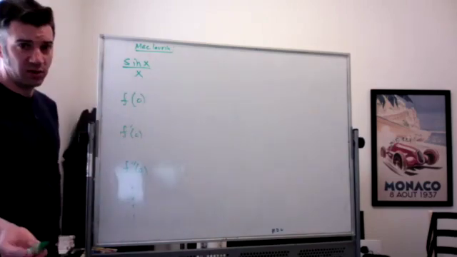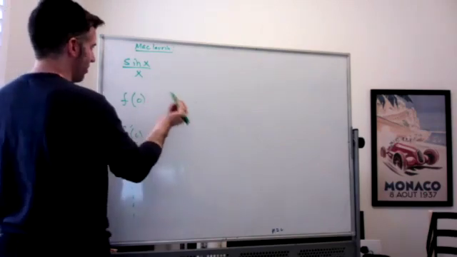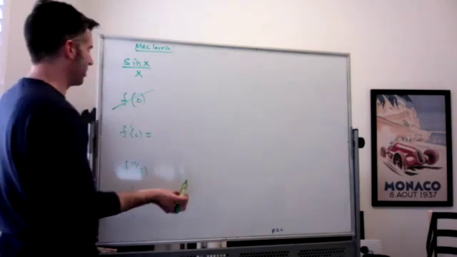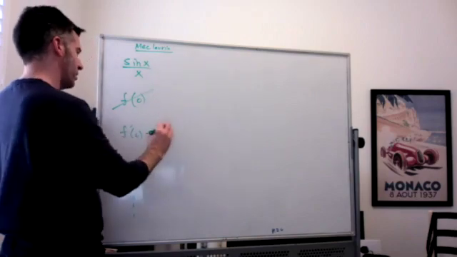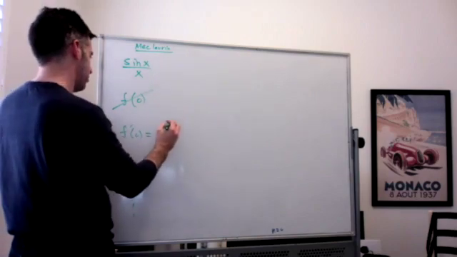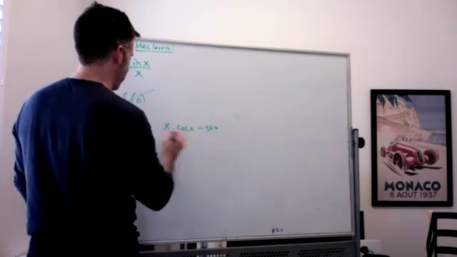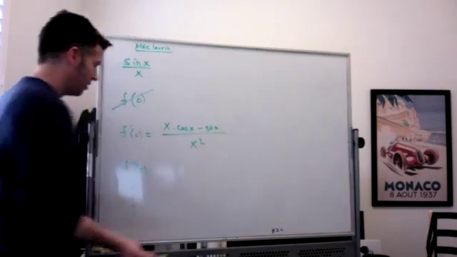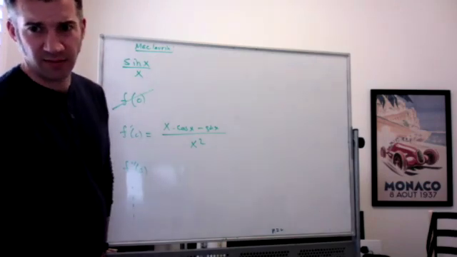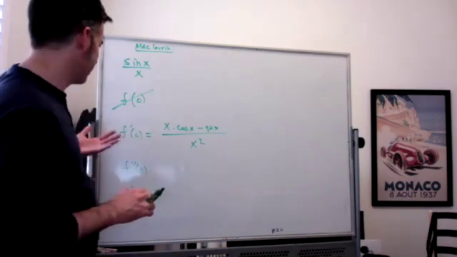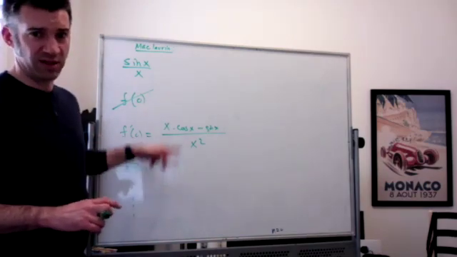Here I'm going to have to use the quotient rule, right? f of 0, okay, f of 0 doesn't exist. f prime of 0 is going to be bottom times the derivative of the top minus top times the derivative of the bottom, all over the bottom squared. Things are looking bad, first of all because things aren't even defined very nicely, but second of all because the next derivative is going to be even worse.